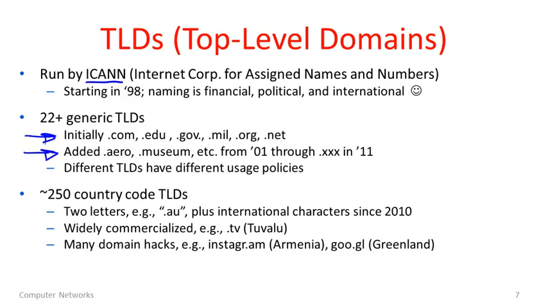And in fact, a series of other TLDs, we must have around 14 or so, have been added, starting from about 2001. With TLDs such as .aero for the aerospace industry, .museum and so forth. These are little used compared to some of the other ones, but who knows where they'll end up ahead of time. The most recent addition to get us to the 22 was .xxx for the sex industry in 2011.